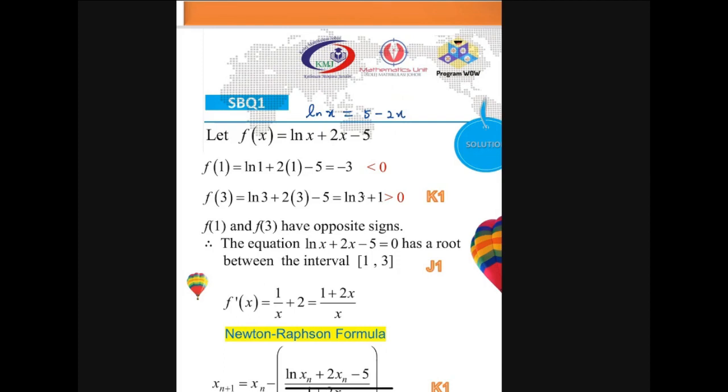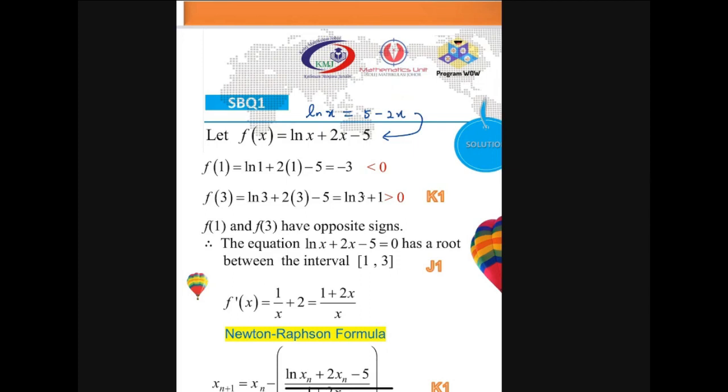Okay, so this is not a function form yet. So we have to rewrite this in the form of function, whether you bring everything to the left side or right side, it doesn't matter. So now our new function of fx would be ln x plus 2x minus 5. Okay, so you have to redefine your function first.